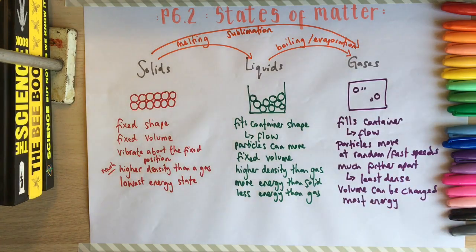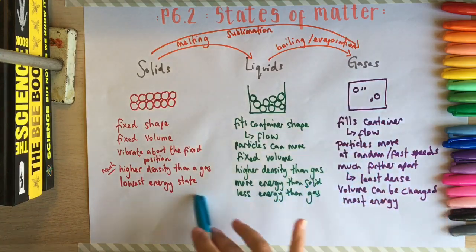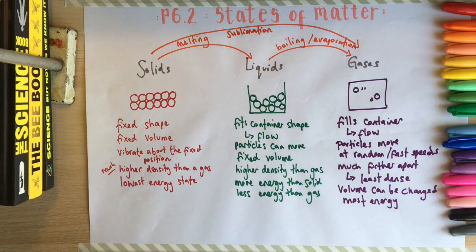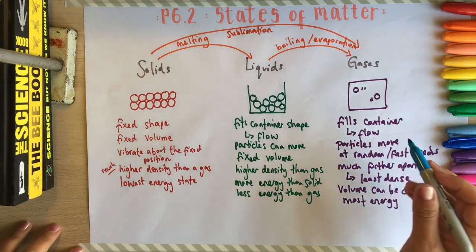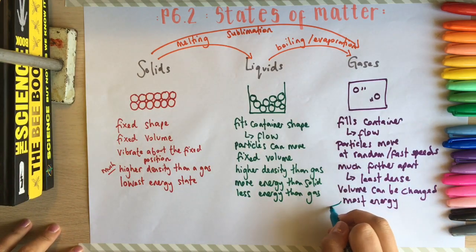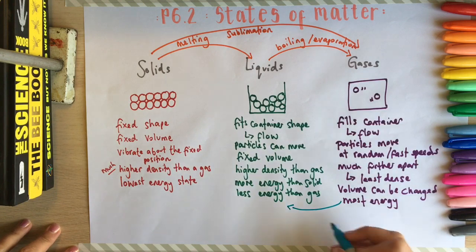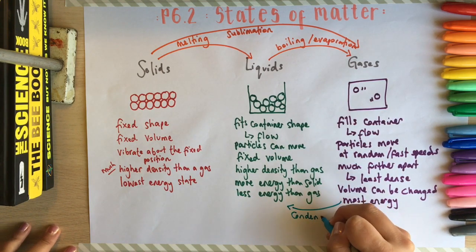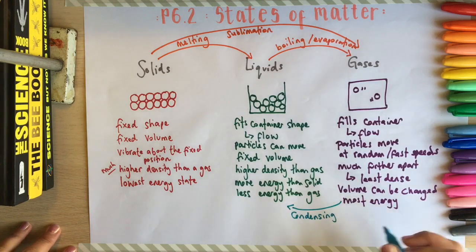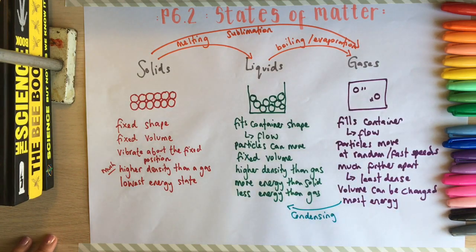So let's say that we were cooling something down, and let's think about what we would call the changes of state in the opposite direction. If we're going from a gas to a liquid, then we call this condensing. So you get condensation on your windows.